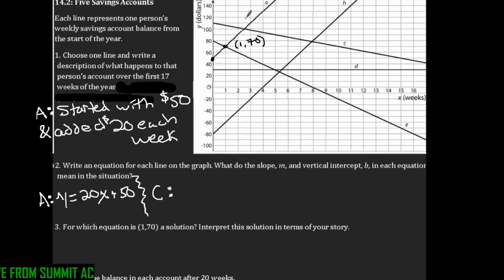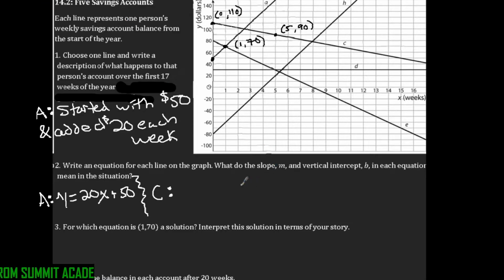For my next one, let's do C. If I'm looking at C, this is a negative slope, and I need 2 points. So this is the point 0, 110, and it goes down to the point 5, 90. What is it decreasing by? It would be negative 20 over 5, which is negative 4.